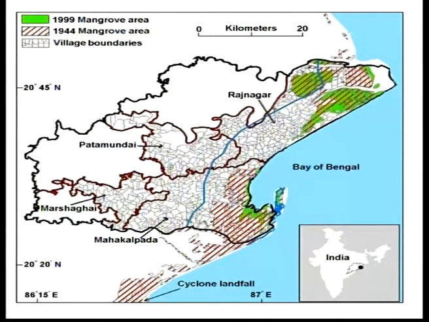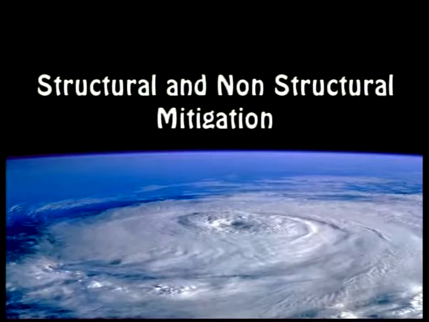Such maps are now available at a regional, district and even sub-district level in most of the countries. Second is structural and non-structural types of mitigation.